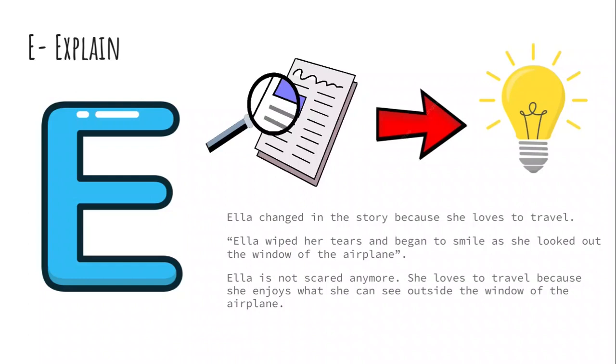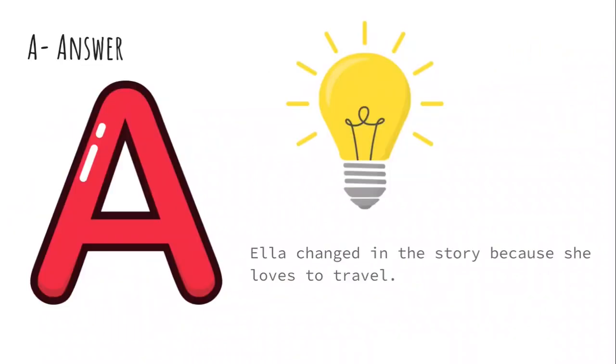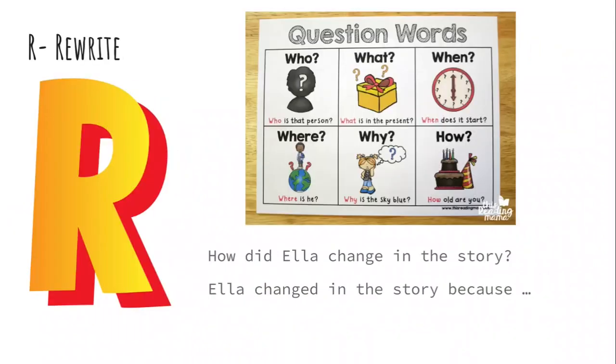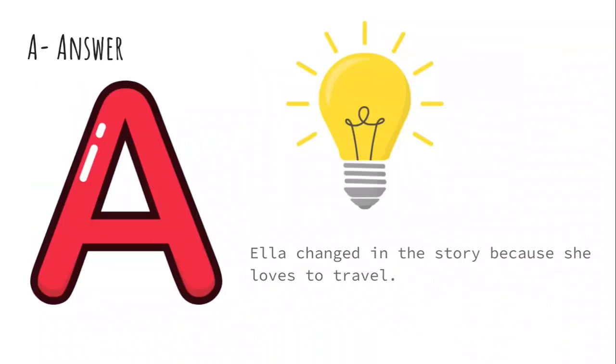Okay, so here I used RACE to answer a question with text evidence. Let's go back and just summarize one more time. R for rewrite. We're retelling our question to start our answer by crossing out the question words. Then we answer our question.